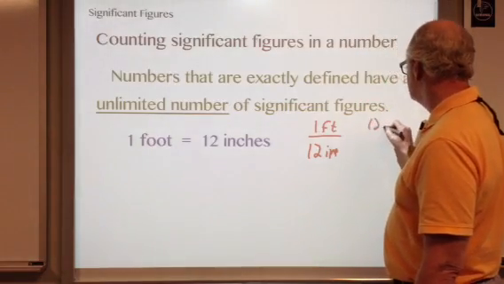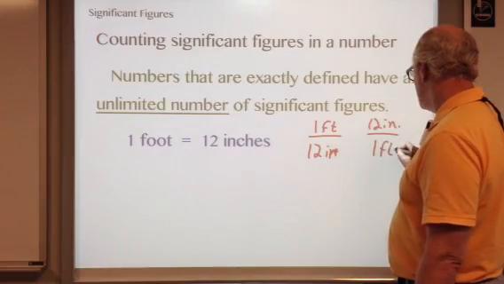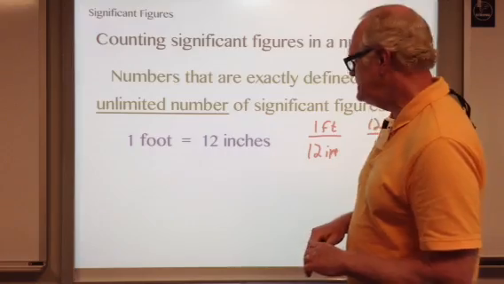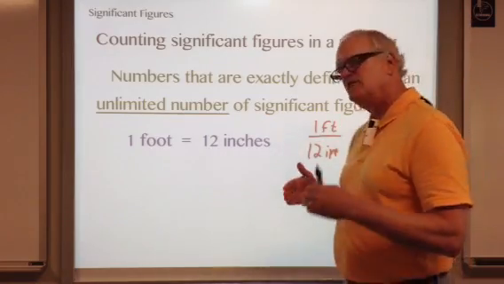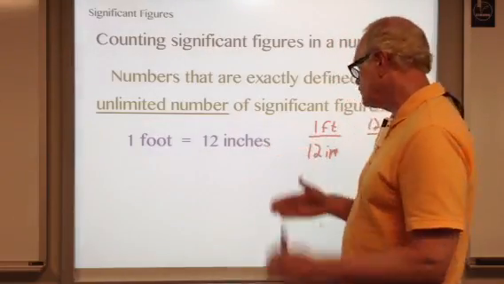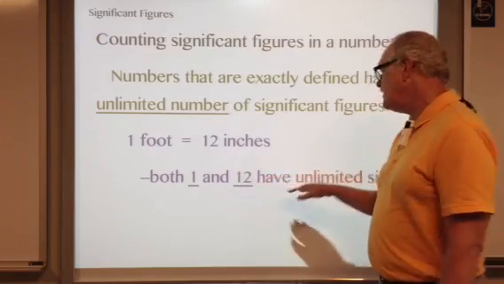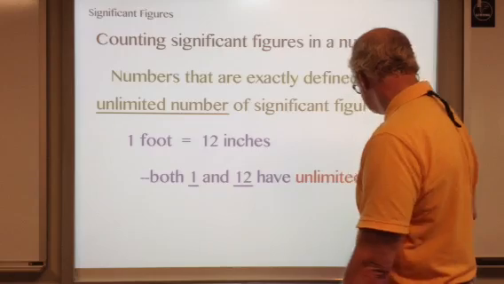We can say 12 inches is the equivalent of 1 foot. Well, in these conversion factors, these numbers have an unlimited number of significant figures because they're defined exactly. There's no question of them having been rounded off. The 1 and the 12 in this context have an unlimited number of sig figs.